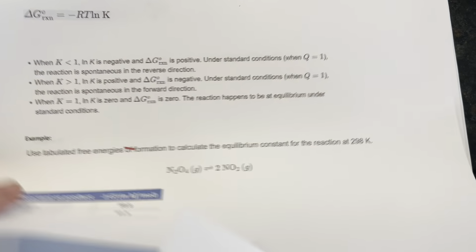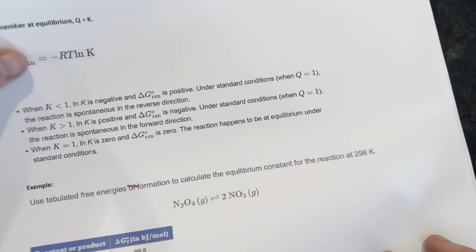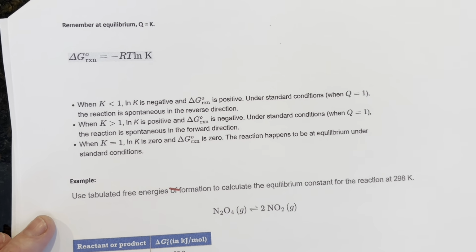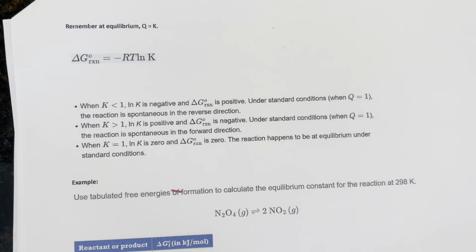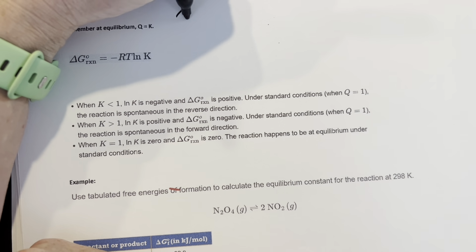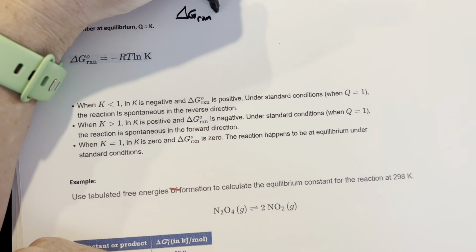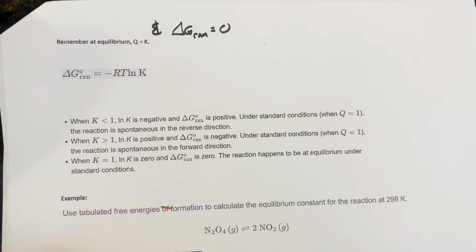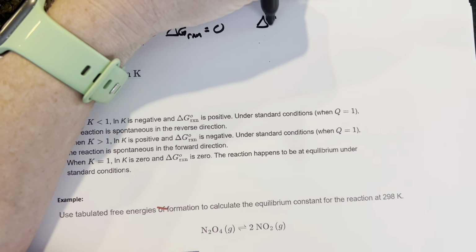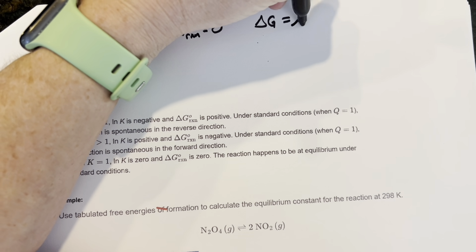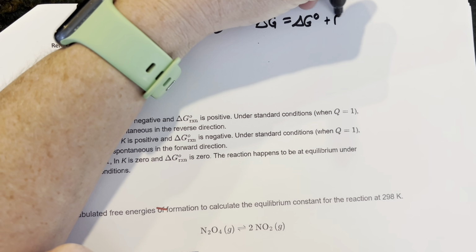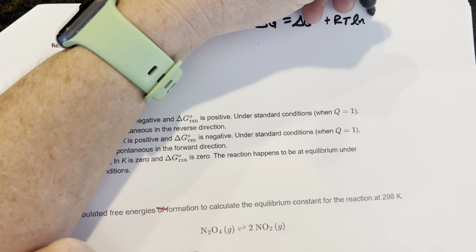All right, moving on. So at equilibrium, Q equals K. We talked about that a lot in the last chapter. Also at equilibrium, we said the delta G of a reaction equals 0. So if you remember, our last equation was delta G equals delta G naught plus RT ln of Q, right?